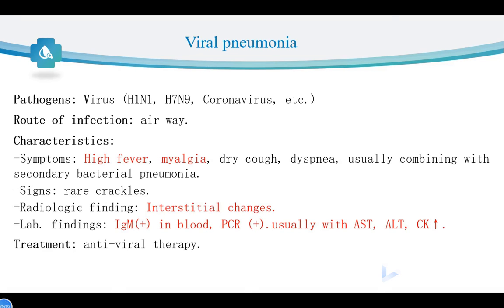During the radiologic examinations, we usually can find interstitial changes in both lungs. And during the laboratory tests, we usually can find a positive result of IgM in the serum.